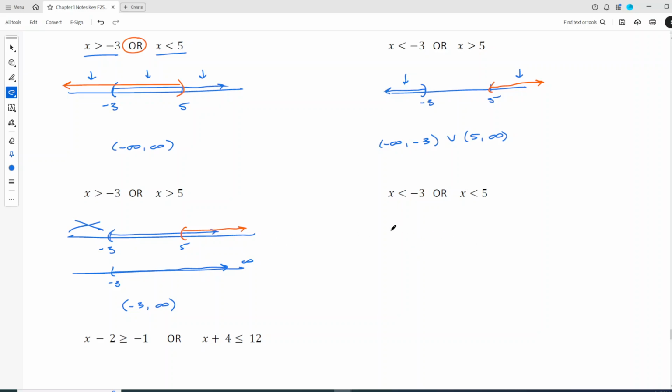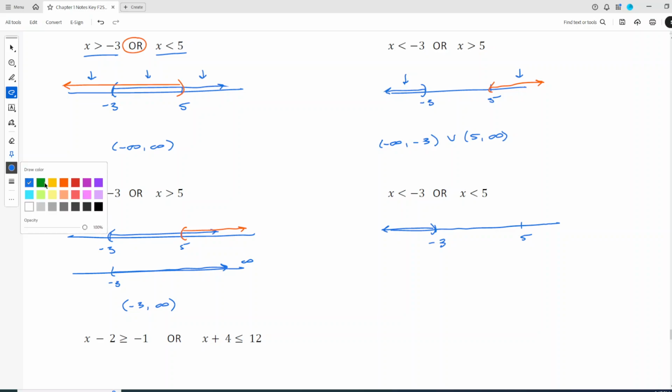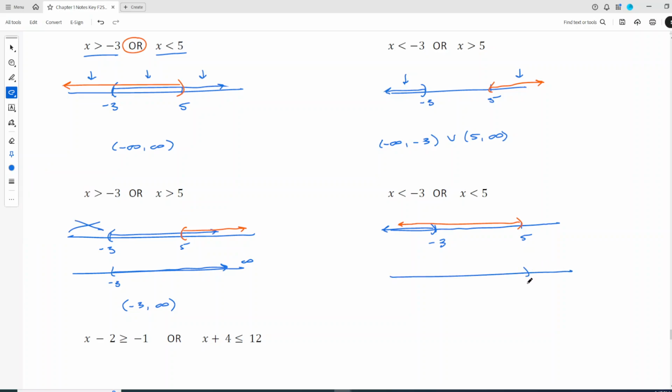Okay, why don't you try this last one? X is less than -3 is a round bracket opening to the left. X is less than 5 is a round bracket also opening to the left. And again, we're looking for anywhere there is a solution. So for these, it's going to be anywhere from 5 down to -infinity.